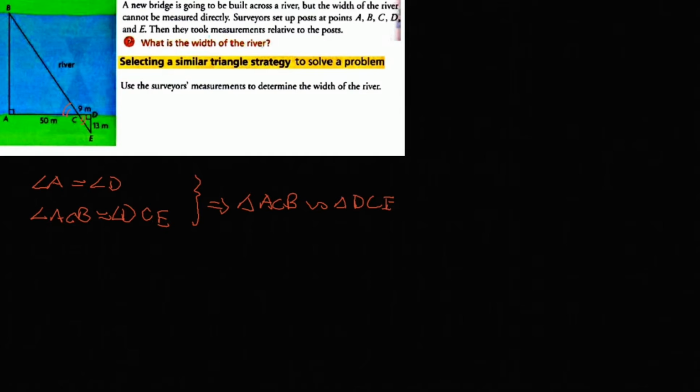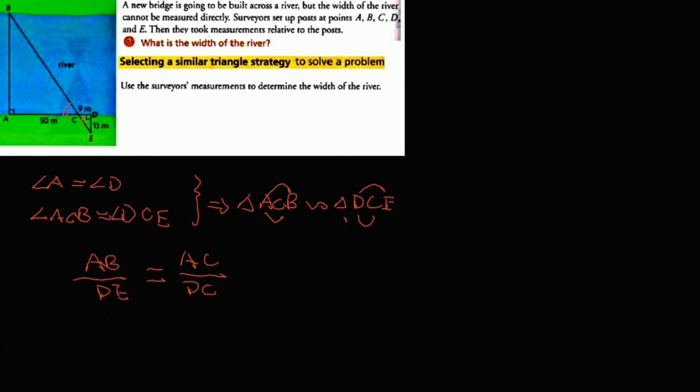We write ratios. AB over DE equals AC over DC. Okay.